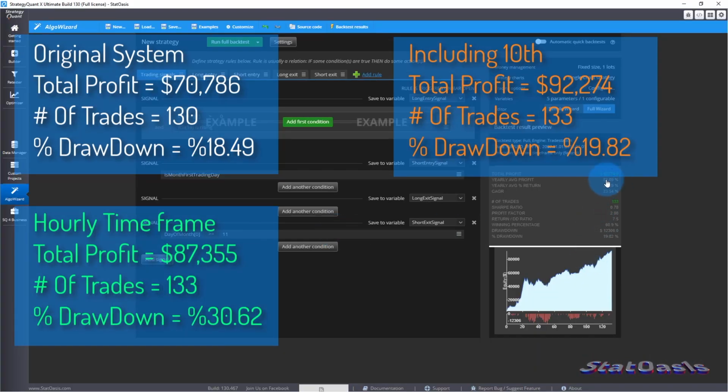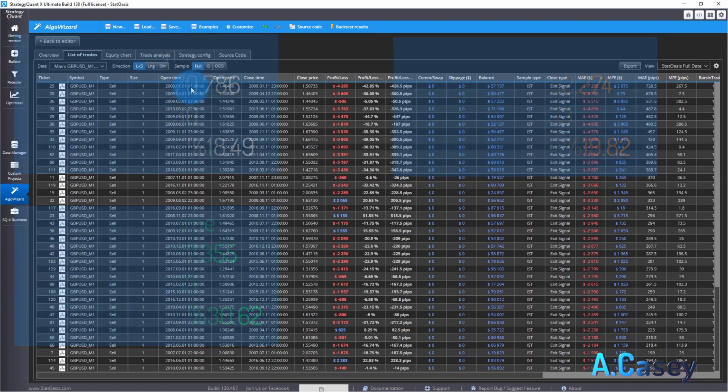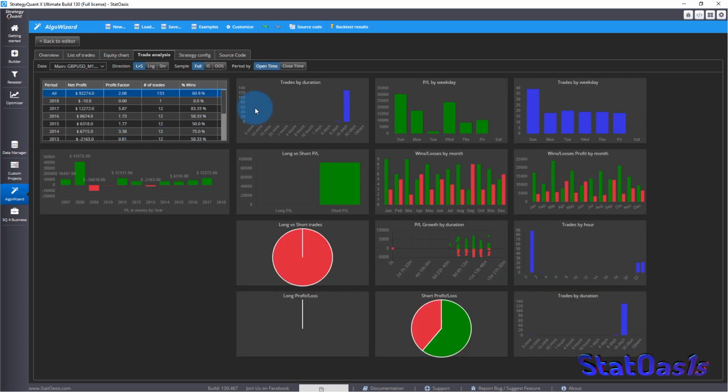And we can see now we're making 92. And also look at the drawdown, 1 to 20. So simple changes. Now we're entering on the first day like we were meant to do, and exiting on the last hour of the day. And we can see from the trade analysis, most Tuesdays are not doing well, but still it is good. We don't have any filter.